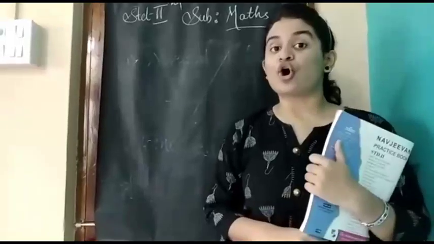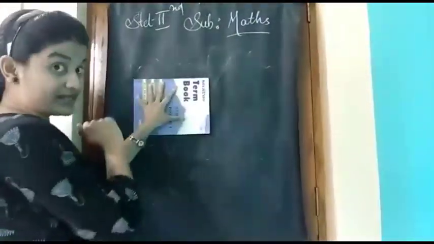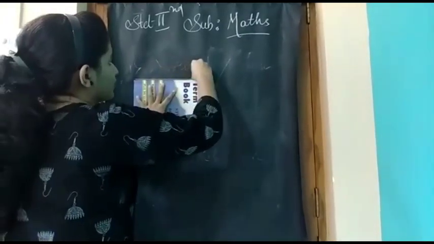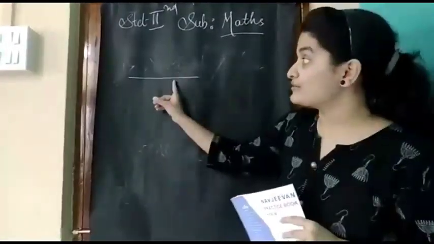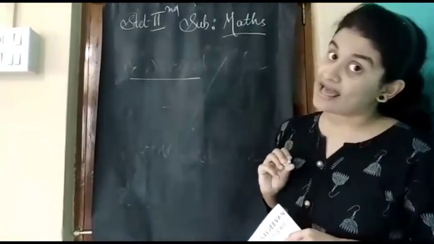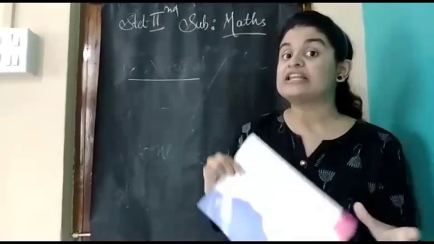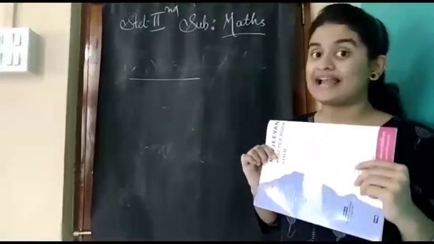Let's draw horizontal line first. As you can see, I am holding the book and I am tracing its border. So students, the line which is formed with the help of the book is known as horizontal line. Now let us draw the second line with the help of the book. Let's draw vertical line.